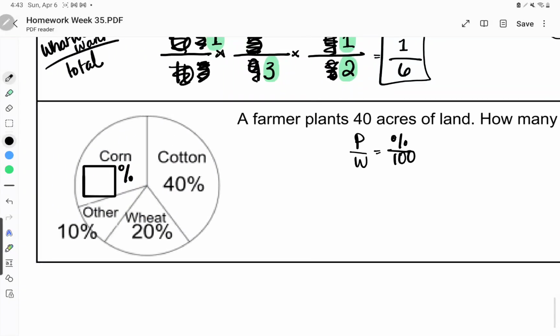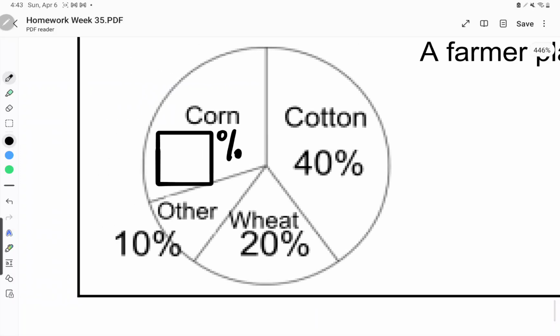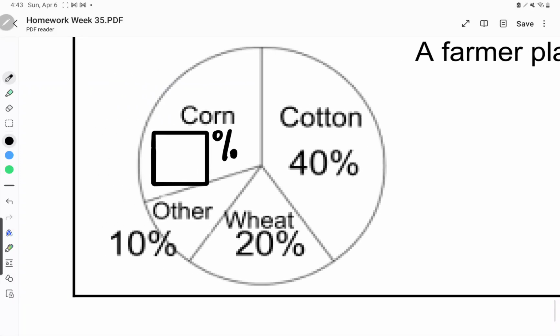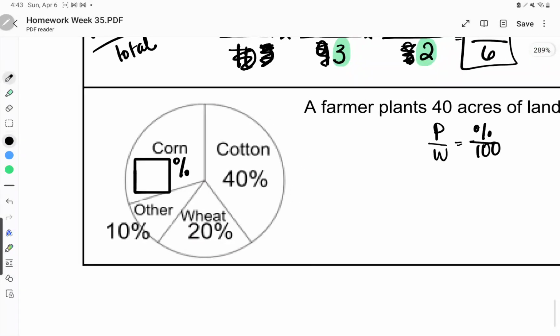Now, taking a look, we don't know how much percent is taken up by corn, but I do know that I can figure that out. Remember, all percents always add up to equal what? 100. So in this case, how would I figure out what my corn is? I would add all of these other percents together, so I would have 40 plus 20 plus 10, and that would give me 70.